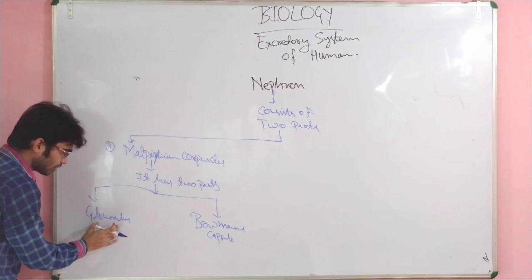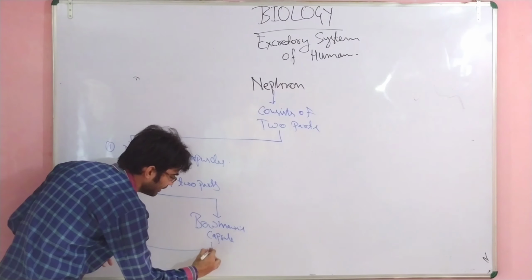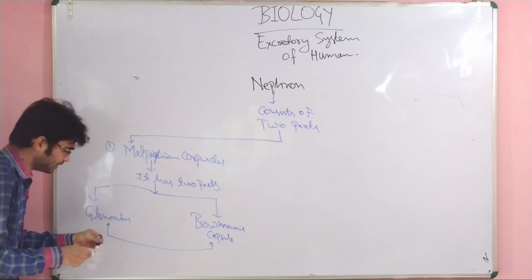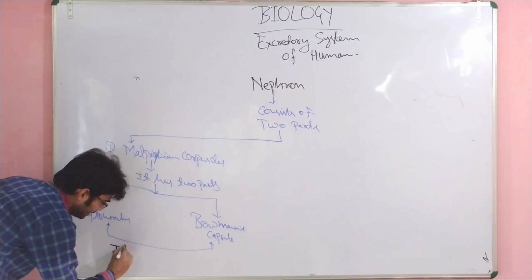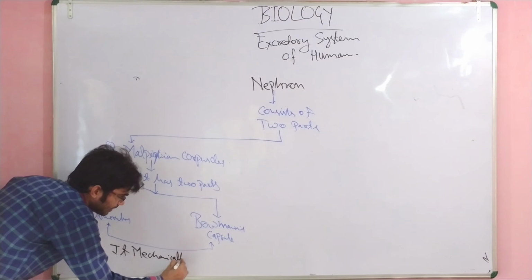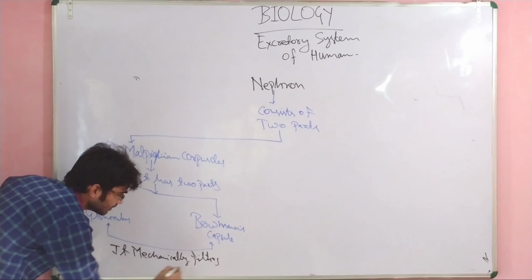The main function of the glomerulus and Bowman's capsule is that it mechanically filters blood.